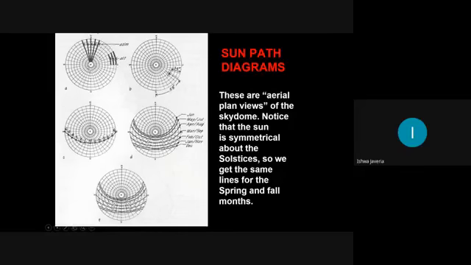You can easily draw this with paper, a pencil and a compass. You need to draw these lines for different timings, and I'll show you how you can obtain these lines and these points when you see the video.